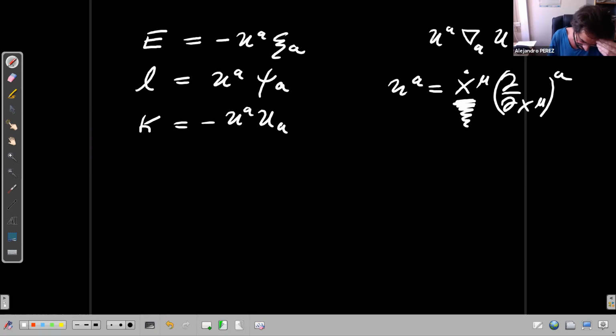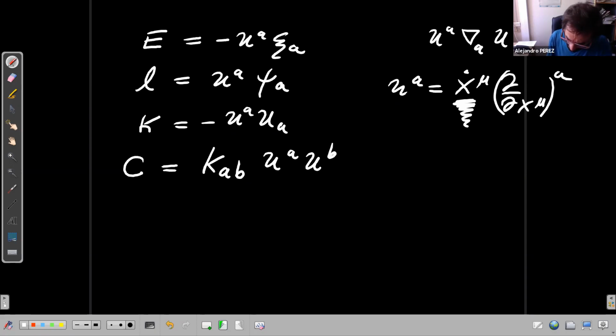And there is one more constant of motion, which appears, I wouldn't say by chance, it's not related to any isometry, but there is an additional constant of motion that is called the Carter constant of motion, because there happens to be something called a Killing tensor that is not at all related to isometries, and just because of the properties of this Killing tensor, this quantity is also conserved.